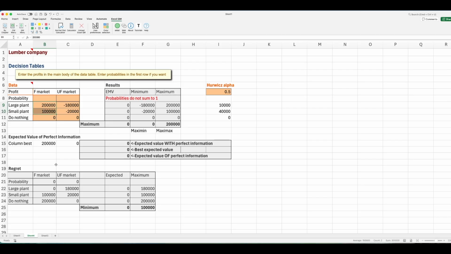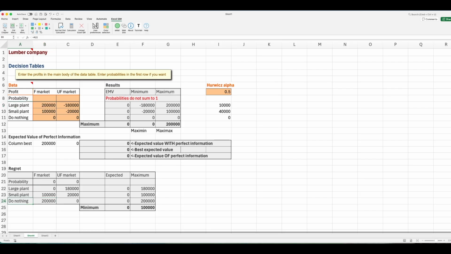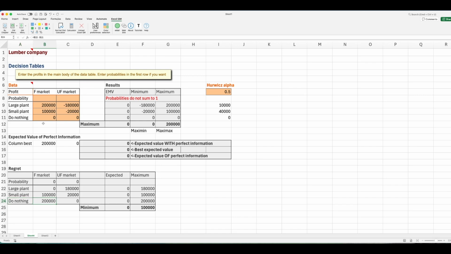The difference between these two numbers is 100K. And the regret for doing nothing is 200K, because you could have chosen the large plant, but you decided to do nothing. So instead of 200K, you're earning nothing, so your regret is the amount of opportunity loss, 200K.